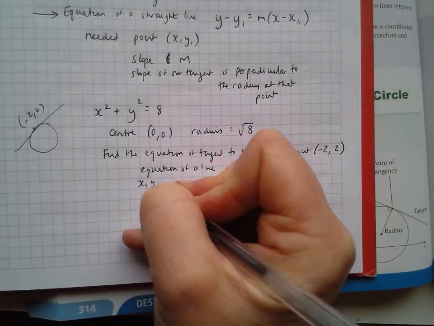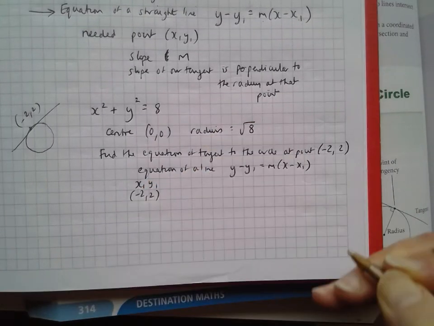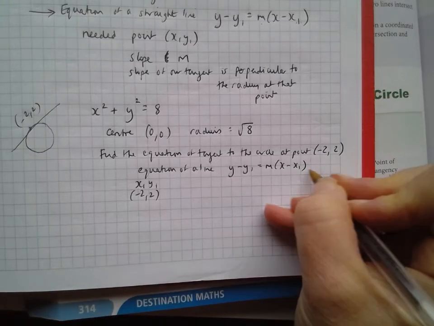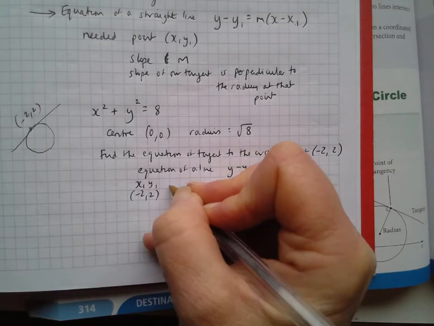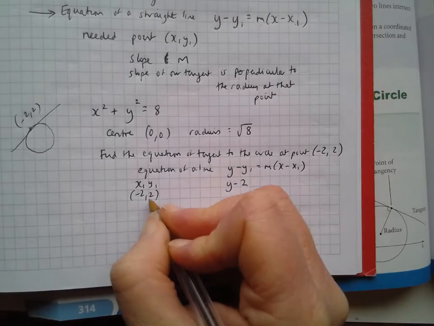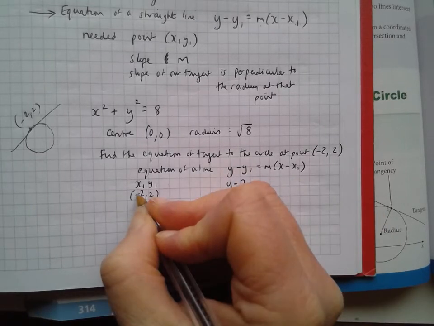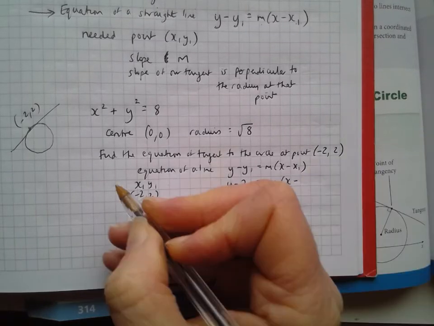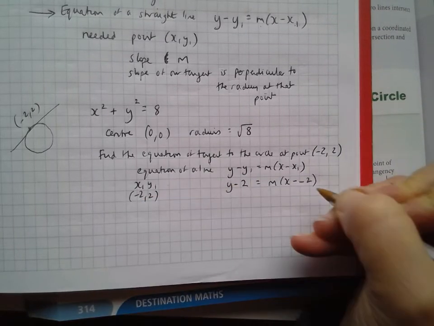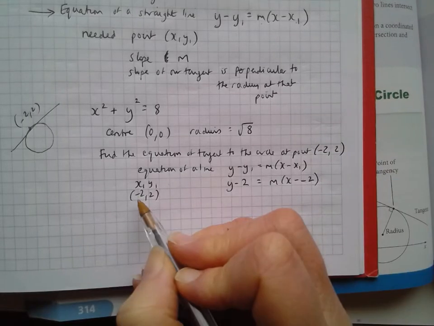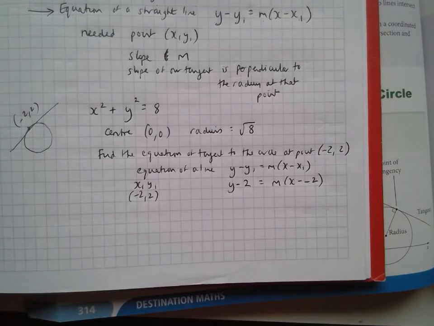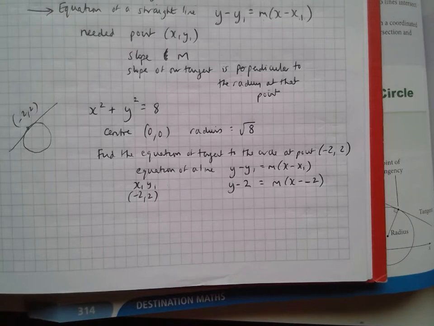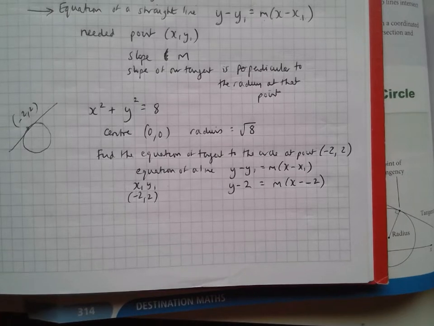So I know already that y minus y1, which is y minus 2, because y1 is the y value from the point on this line, is equal to m by x minus x1, x minus minus 2, because the x1 value is minus 2. Now I definitely have marks. Okay, if this is a 10-mark question, I've definitely already got 4 marks. I've passed this part of the question, even if I can't do anything else. I may even have more marks than that, but I've definitely got 4.